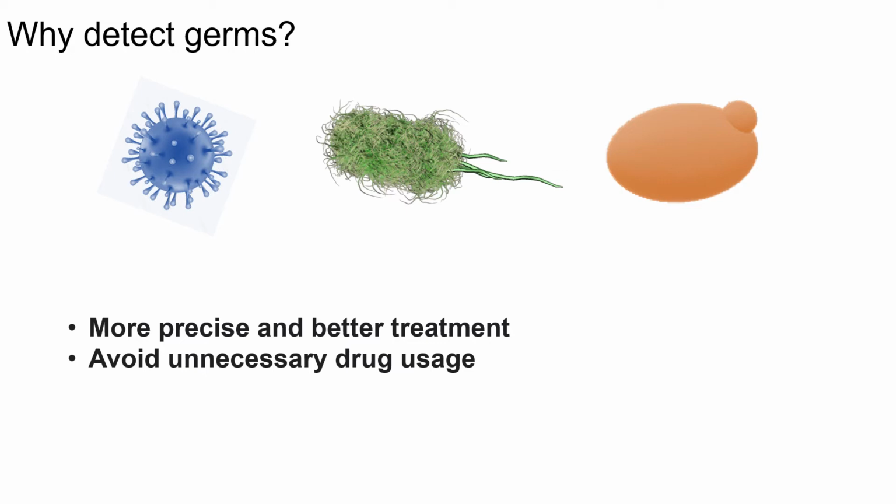Even better, if the doctor knows the particular species of germs that cause the infection and whether they are resistant to the antibiotics, the doctor can prescribe drugs that are much more precise and better, and also avoid unnecessary treatment.